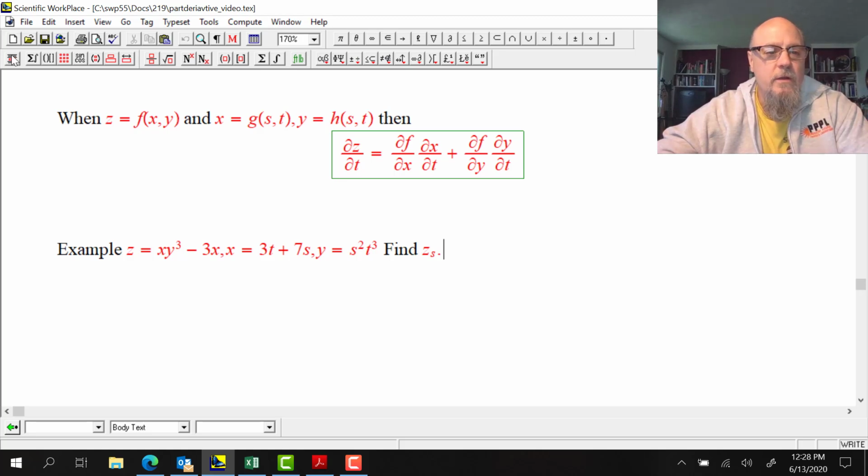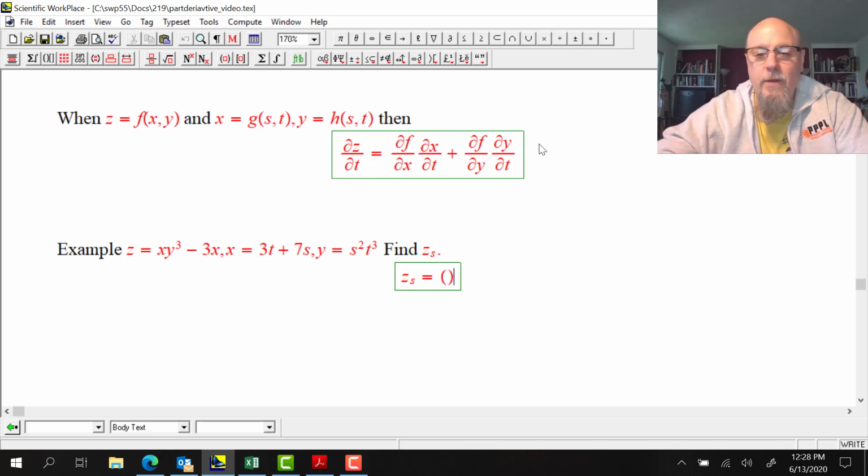So let's do what we do here. I want to take the derivative with respect to s. So I need the function with respect to x times x with respect to s, in this case, right?